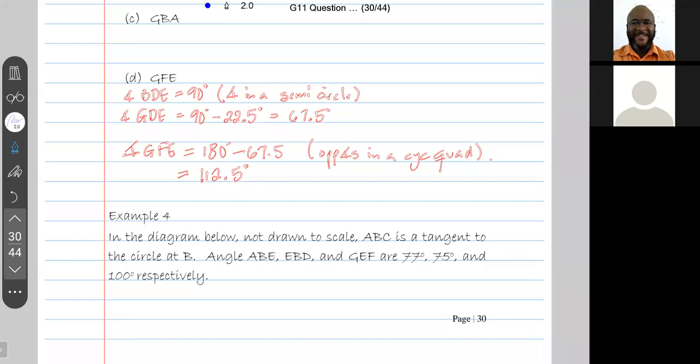All right, example 4 says, in the diagram below not drawn to scale, ABC is a tangent to the circle at B. Angle ABE, EBD, GEF are 77, 75, and 100 degrees respectively. So it's 100.